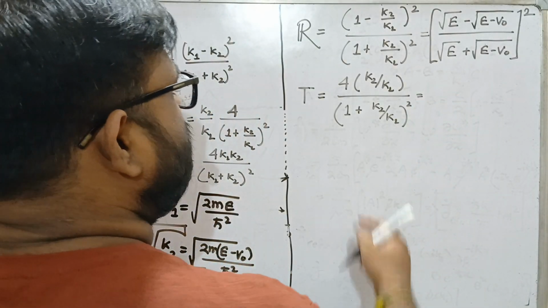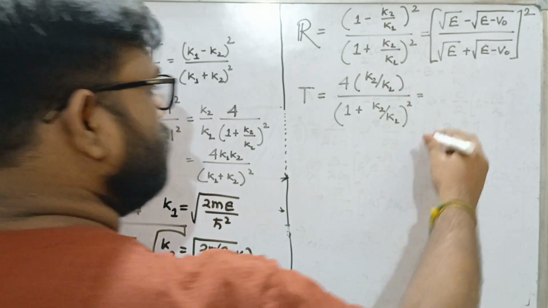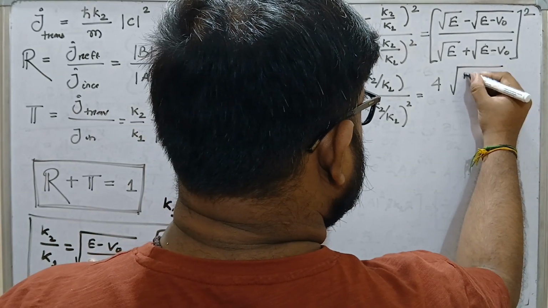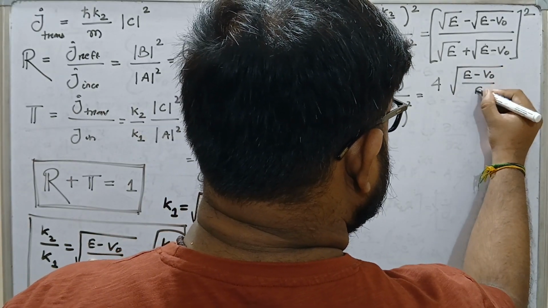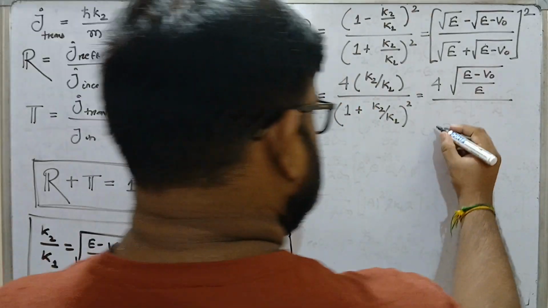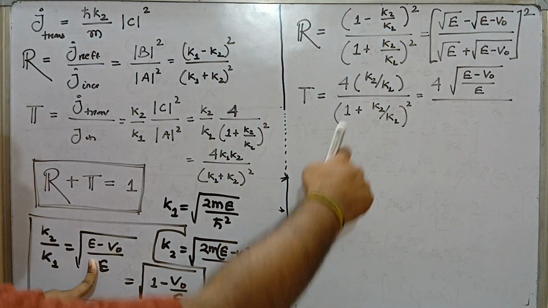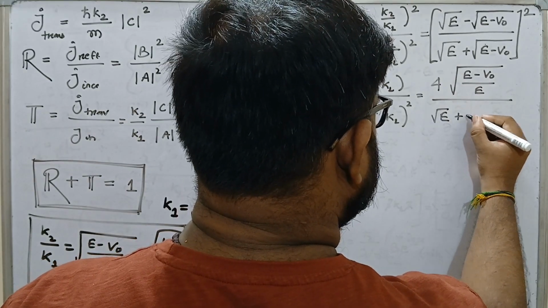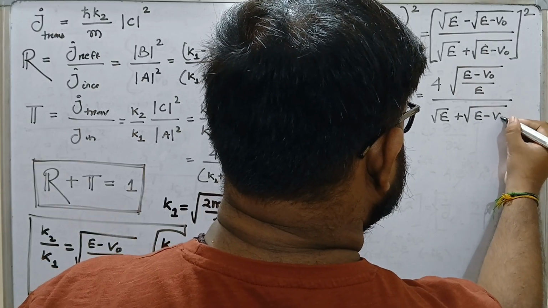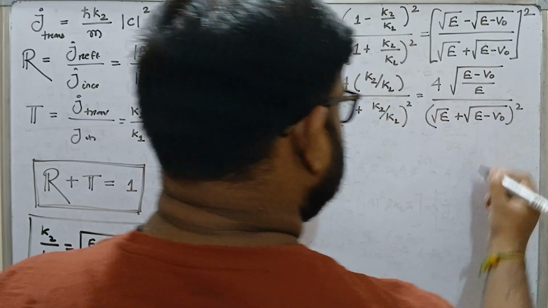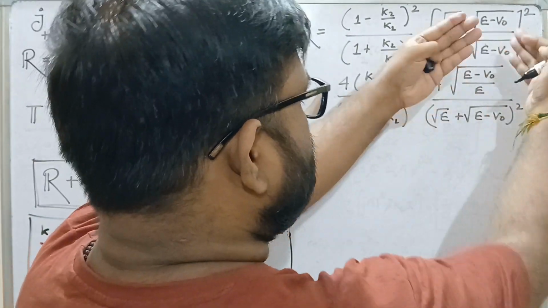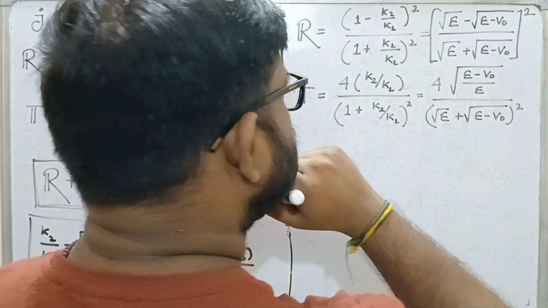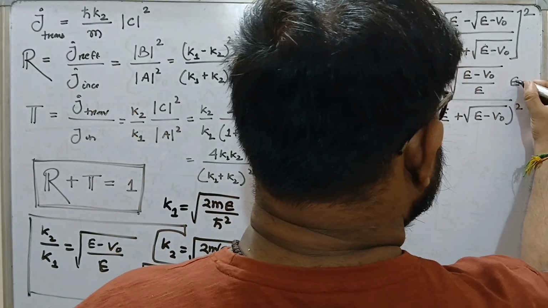Now instead of K2 by K1 we can write 4 root over of (E minus V naught by E) divided by (root over of E plus root over of E minus V naught) whole square, and the root over of E here will go to the upper part. Yes or no? Yes. It will become E.